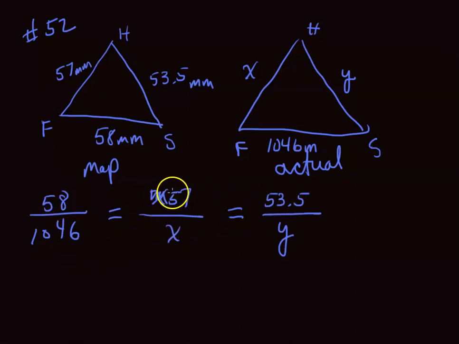Cross multiply, divide by the third to solve for y. For the 57, when we cross multiply and divide by the third, we get 1,027.96 miles. We should probably round that, since they did that to the nearest mile. This will be 1,028 miles.